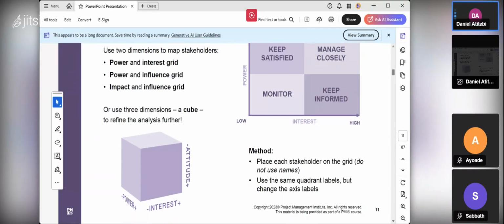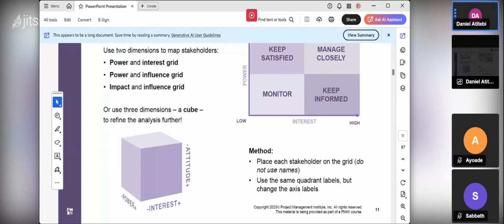You can also use a three-dimensional matrix, a three-dimension cube, to refine the analysis further. You know the stakeholder that has power, has interest, and you also understand their attitude toward the project. So you place each stakeholder on the grid.